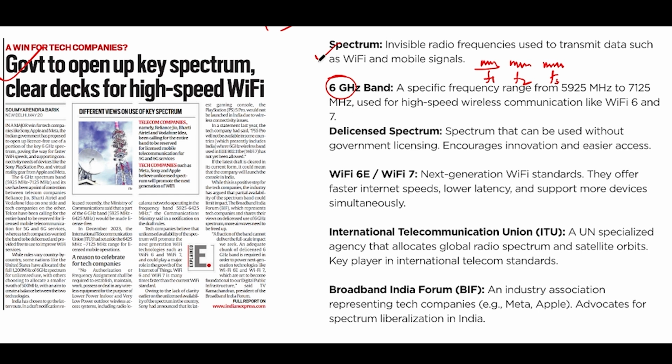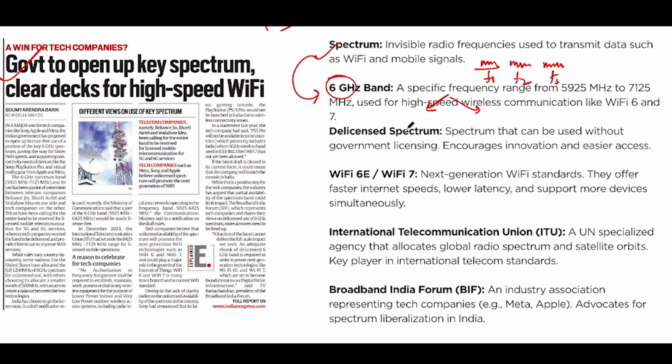So after understanding what spectrum is, let's understand what the 6 gigahertz band is. It is a band of radio frequency between 5900 megahertz to 7100 megahertz, and generally it is known as 6 gigahertz band. This band is used to transmit wireless data like Wi-Fi and 5G signals. Now there has been a war with respect to the allocation of this particular band.